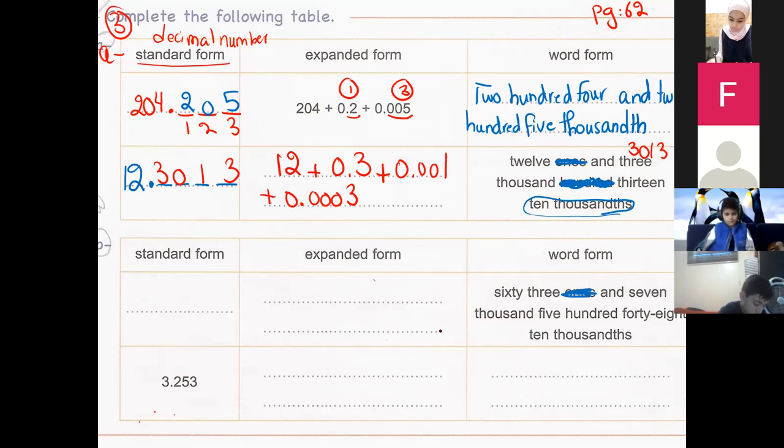Now Muhammad Ajawi, part B. Okay. 63 and 7,548 ten-thousandths. How do we write the decimal number? 63 point, ten-thousandths, how many dashes do we have to place? 4 dashes. Fill them, please. 7,548. How do we write it?